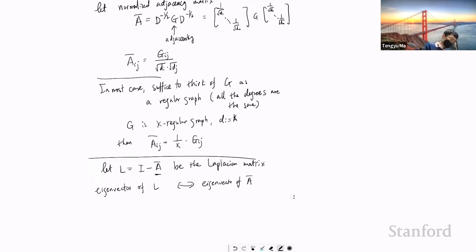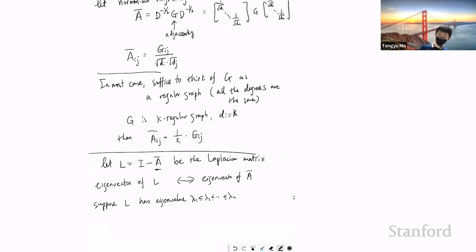So suppose L has eigenvalues lambda 1 up to lambda n. I think in this literature, you always want to order them, with eigenvectors say u1 up to un.